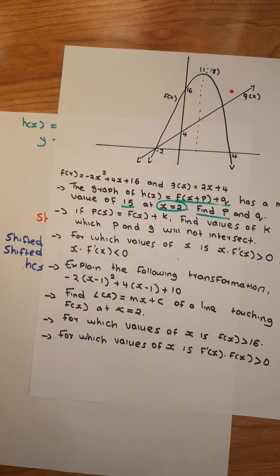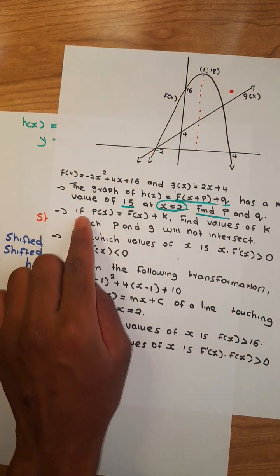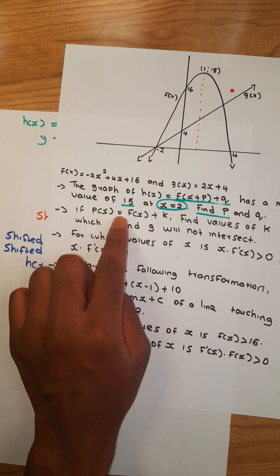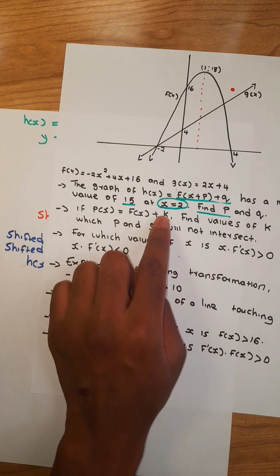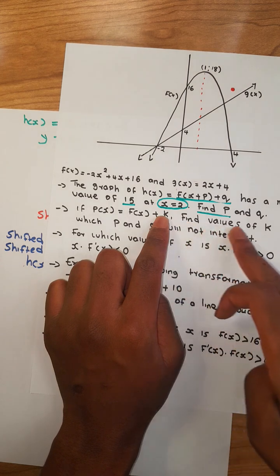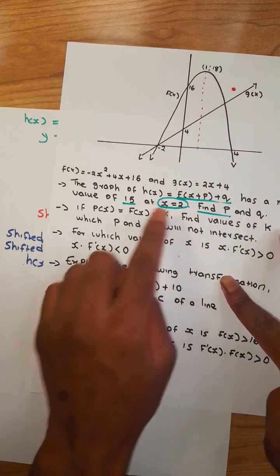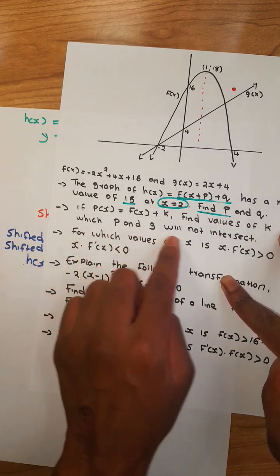Okay, they're telling us that we have a new function p at x, and it equals f at x plus k. Now they say find these values of k for which p and g will not intersect.